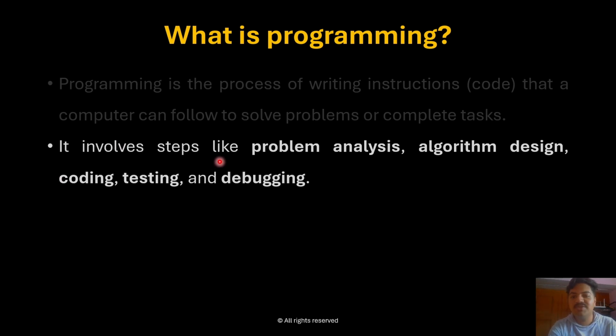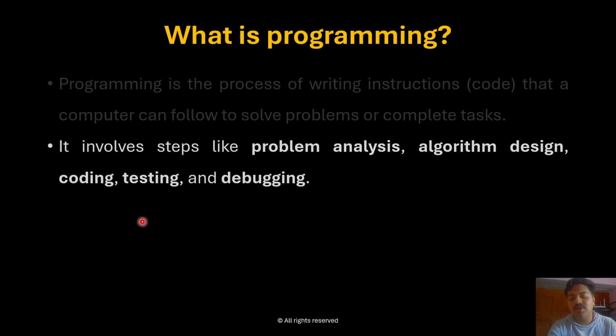It involves steps like problem analysis, algorithm design, coding, testing, and debugging. So when we get a problem or task, we first analyze it, then we design an algorithm for it, then we write the code for it.